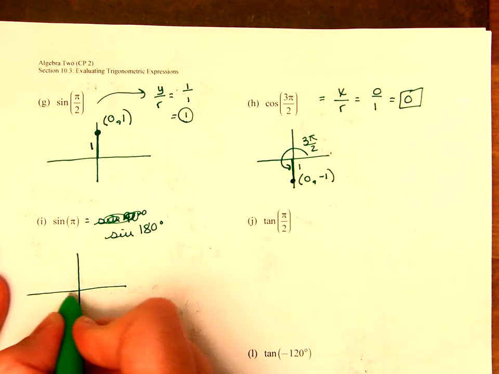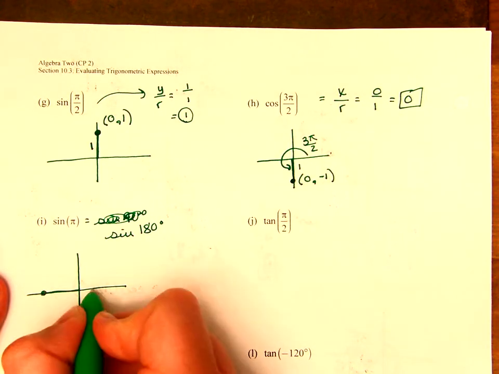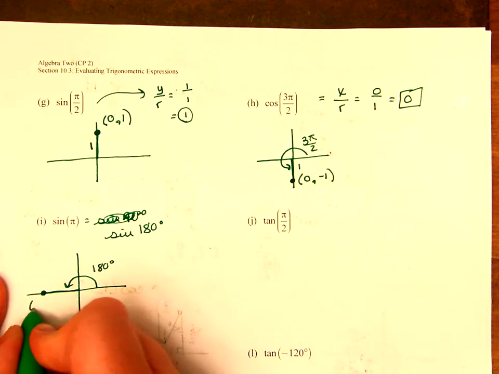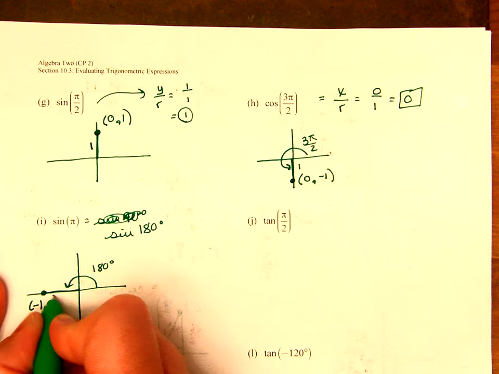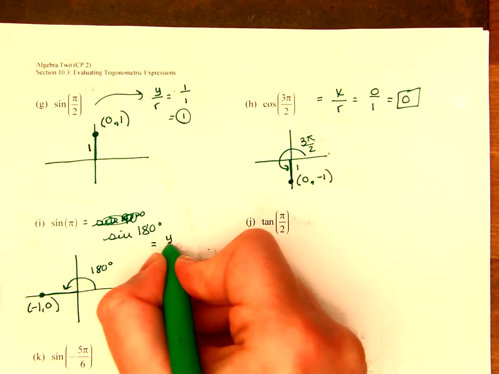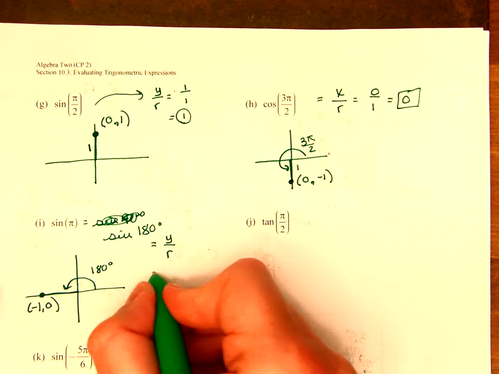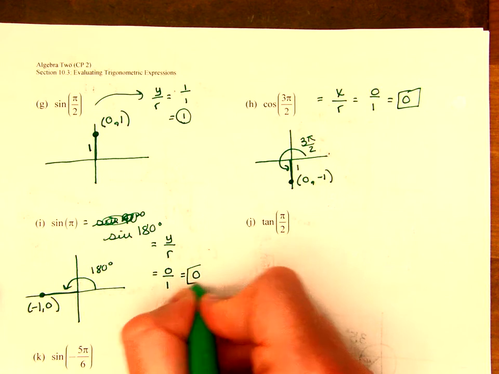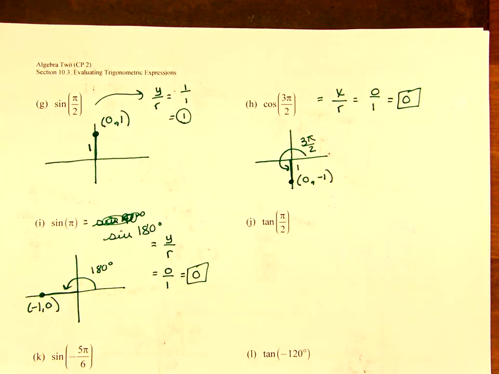Well, that means I'm right over here, 180 degrees, a spin like that. My coordinates, -1, 0. The sine is my y over my r. Y is 0. R is 1 because it's always 1. Getting 0 there.